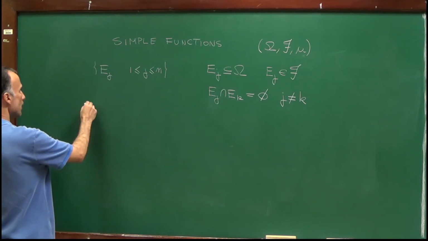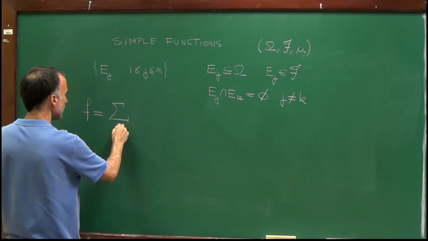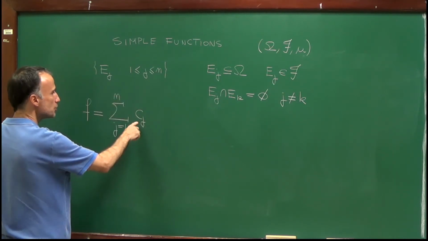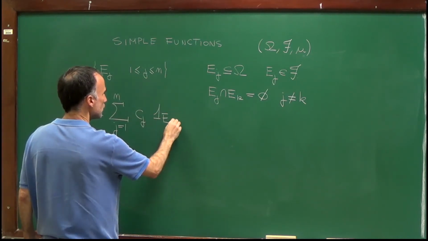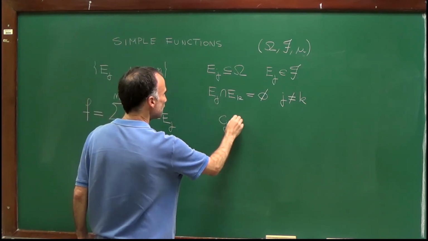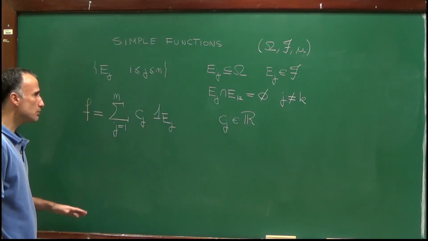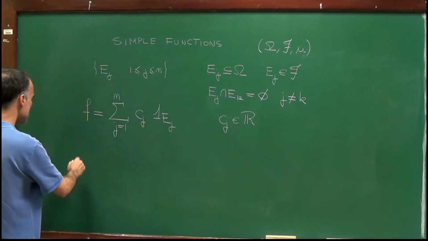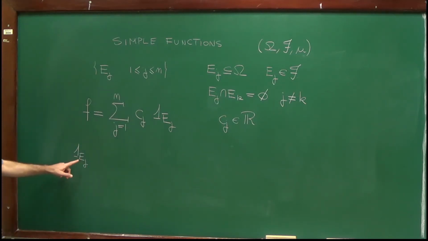So I'll define a function f which will be equal to the sum of c_j times 1_{E_j}. So c_j will be a real number on the set E_j. As I said, the c_j here are real numbers. They might be equal. I'm not imposing them to be different. And I'm representing by this symbol 1_{E_j} the indicator of the set E_j.